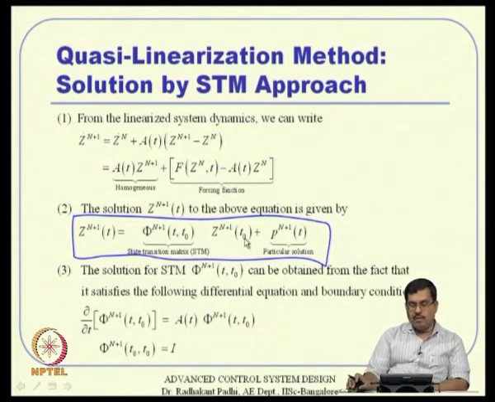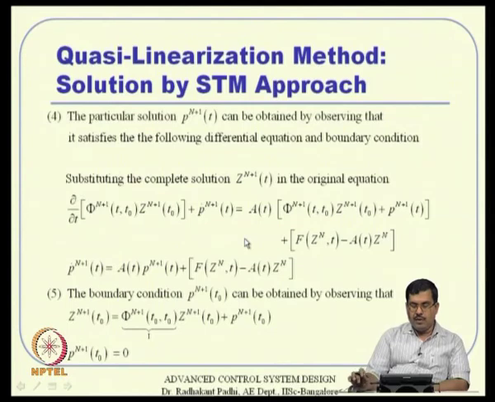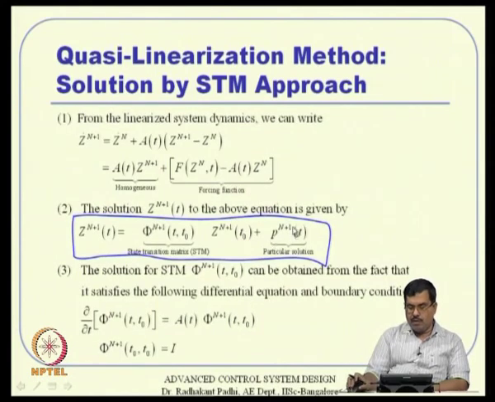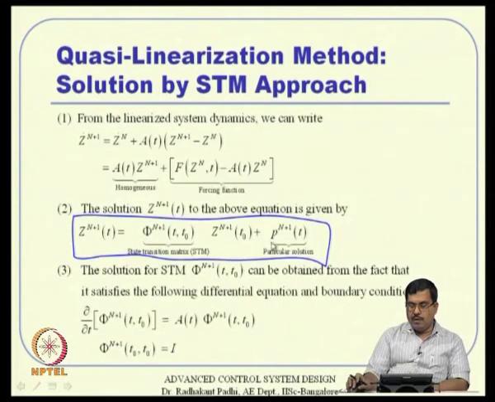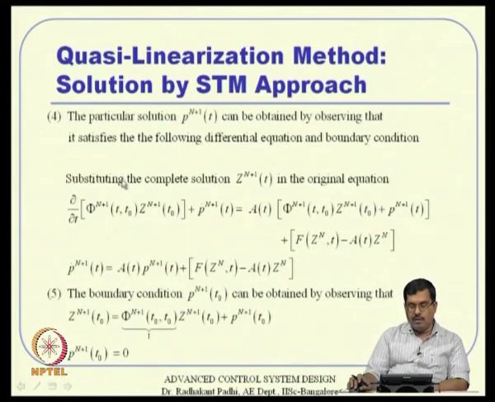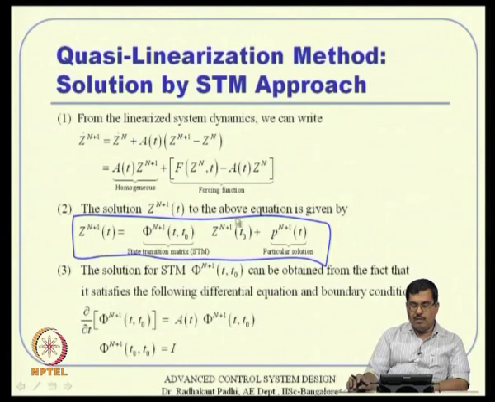Now, what about these two? This particular solution P n plus 1, I am talking about this one now, can be obtained by observing that it satisfies the same differential equation. Any particular solution should satisfy the same differential equation. So, you put it back and see, in the same differential equation sense, what happens, because that is my solution anyway, this entire solution.